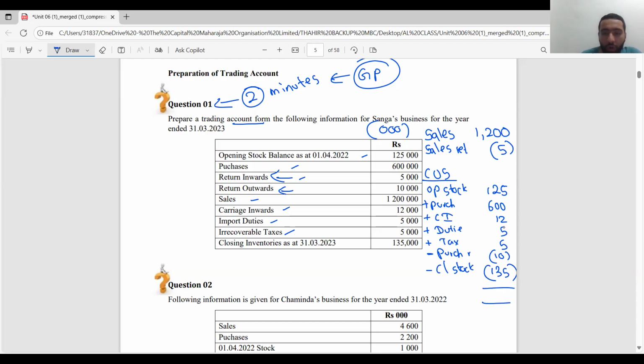Finally, how much is your cost of sale? Let's quickly use the calculator so that there is very less error. 125 plus 600 plus 12 plus 5 plus 5 minus 10 minus 135. Your cost of sales is 602.